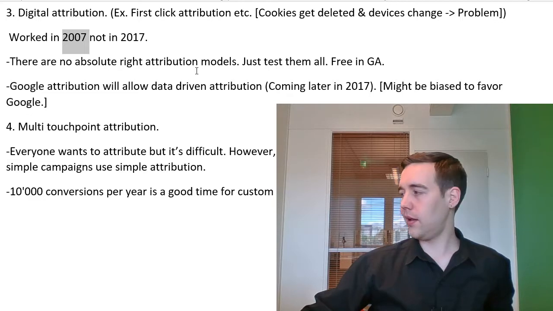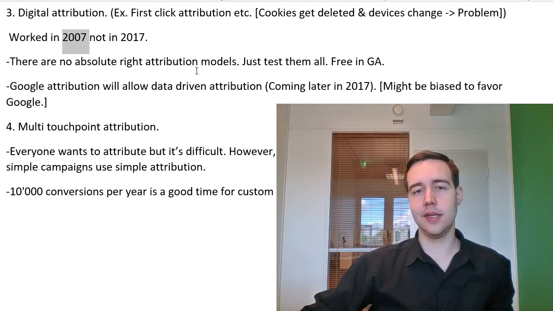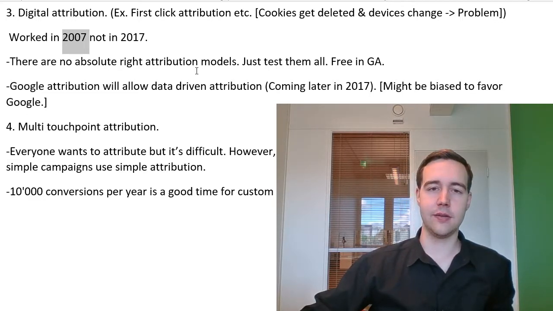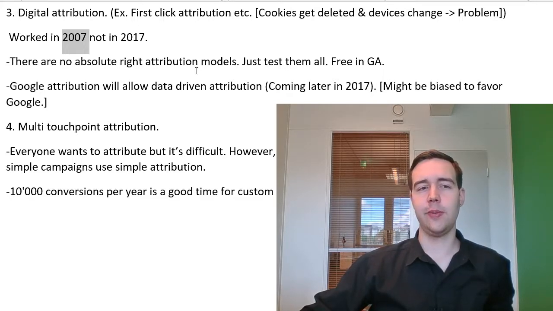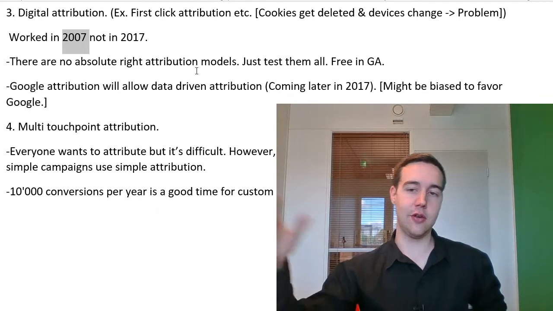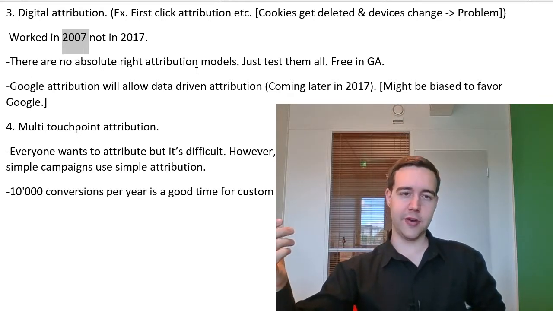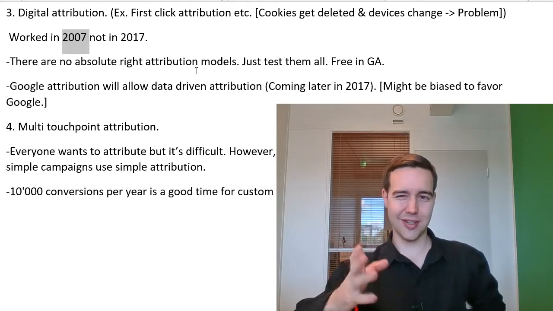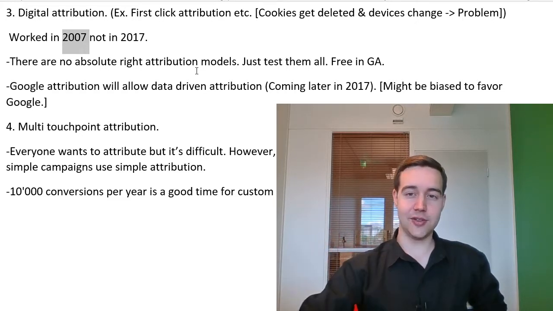And the thing with multi-device is that cookies get deleted and also devices change. So that's a huge problem, right? How do you attribute if you see this on the desktop first and then you go and buy on mobile? It's very difficult. That's why last click also works pretty well.